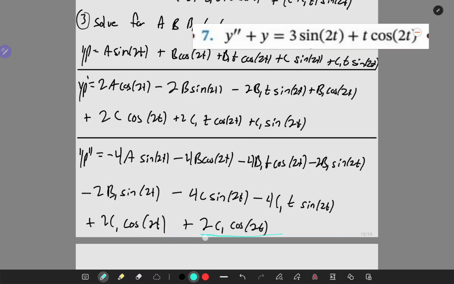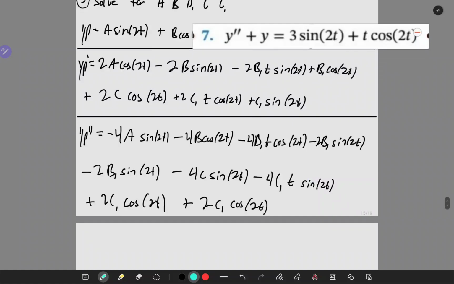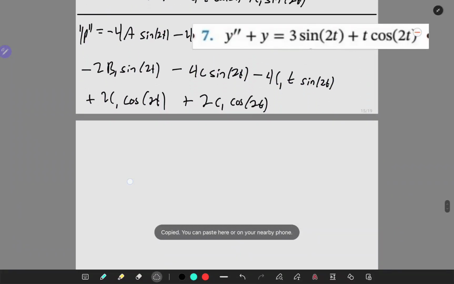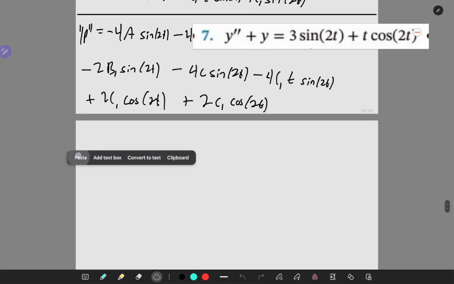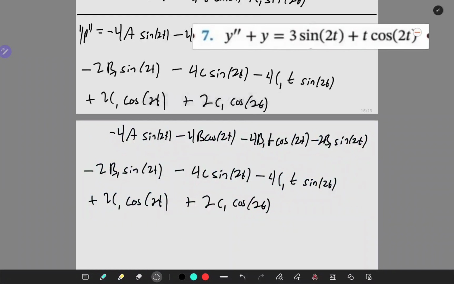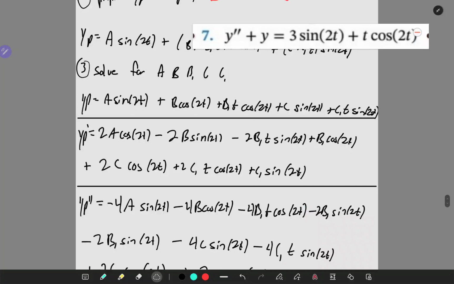Let me just go ahead and, painstakingly, I can actually, since I have a tablet, I can just do this, right? I can copy this all down, put it here, and then add y of p. So then I'll copy this down.